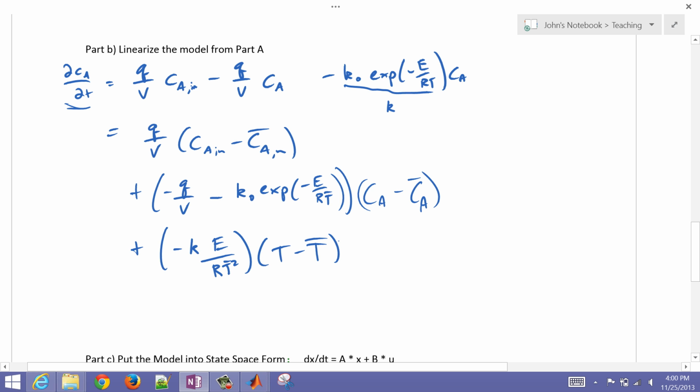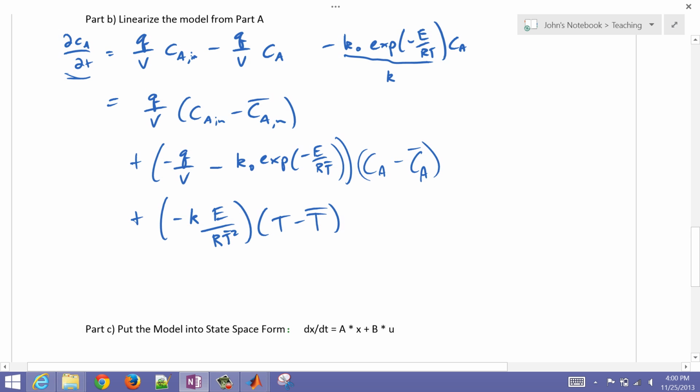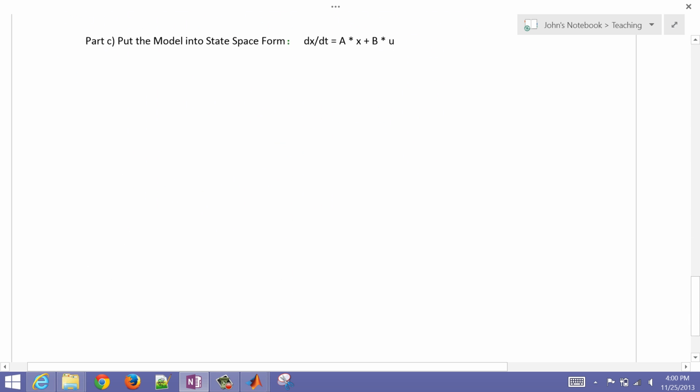So I have my first expression here, which is just my species balance, and what I want to do is get this into state space form.